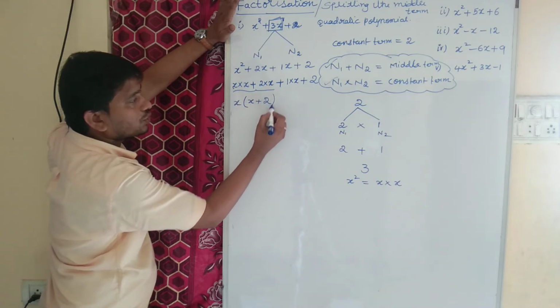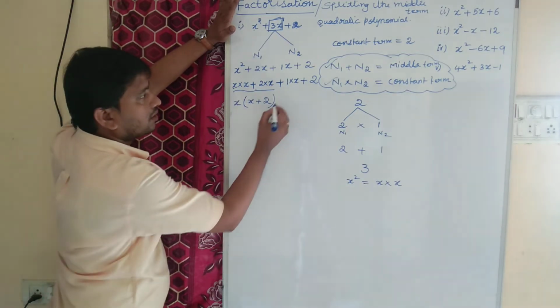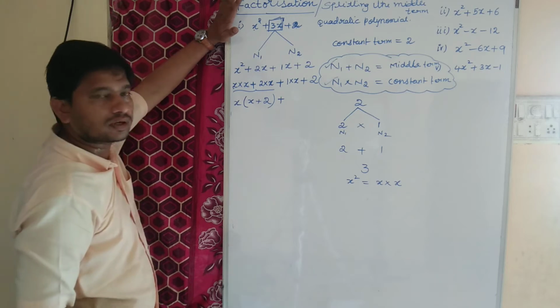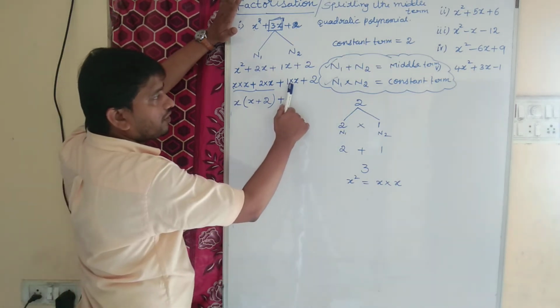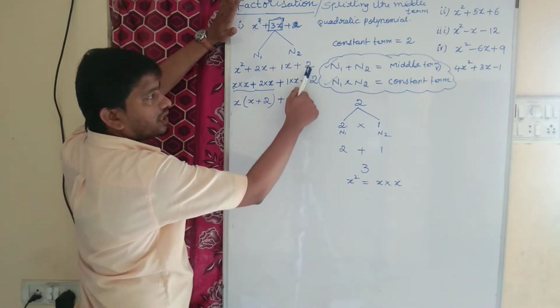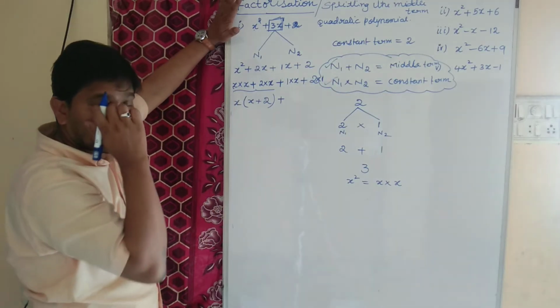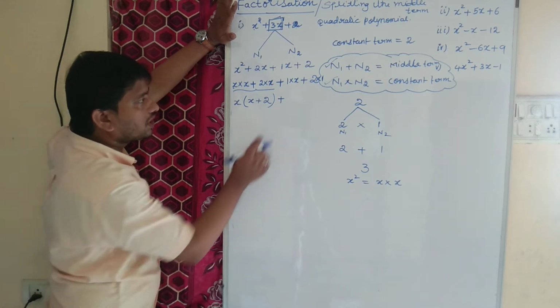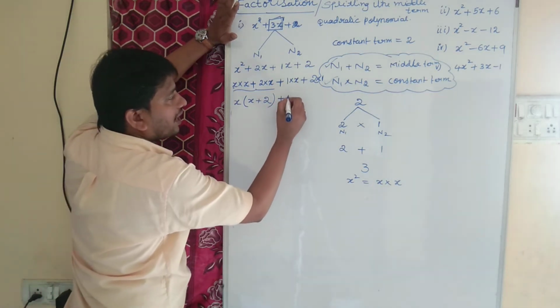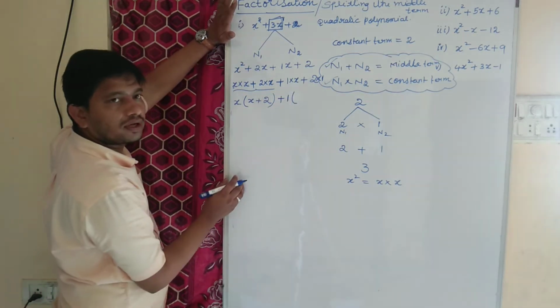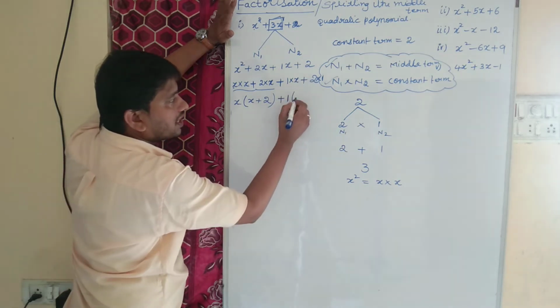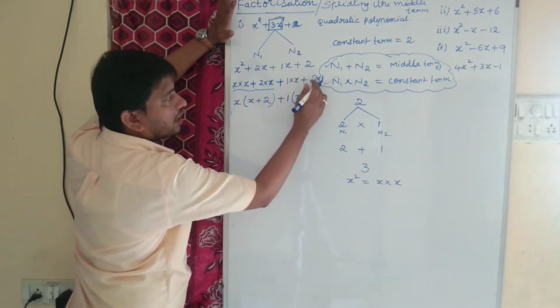Plus, here we have 1 into x plus 2. This 2 I can write as 2 into 1. Now from these two terms, I can take 1 as common. What is there here? We have x, and here we have 2.